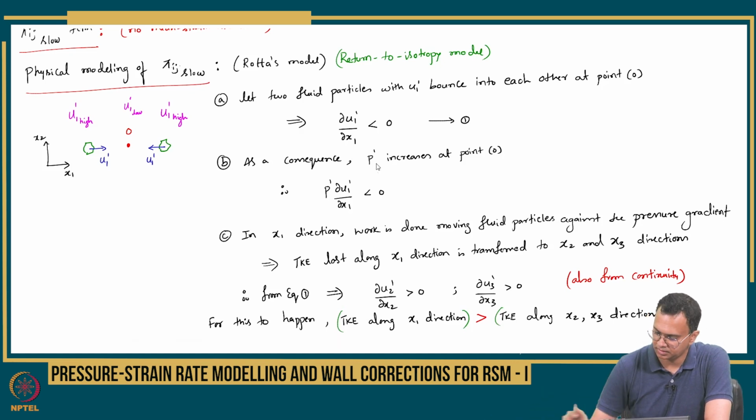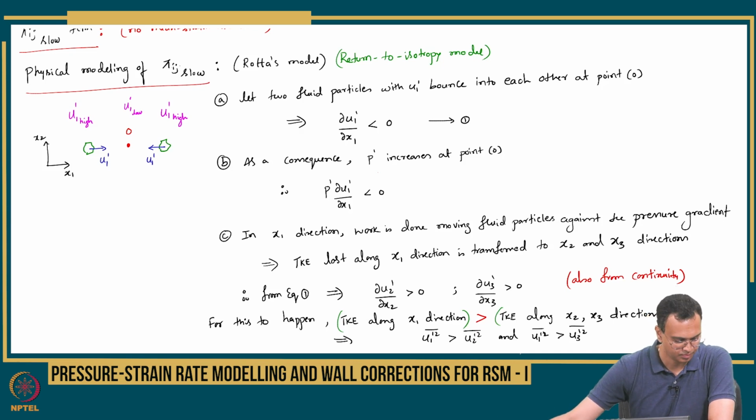Okay, and this implies your u1'² average must be greater than u2'² average, and u1'² average must be greater than u3'² average. Okay.